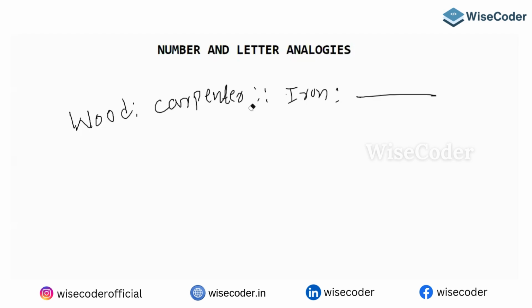Next. USA, president; Germany, dash. In the USA there is presidential rule. In Germany, what is it? You should have some general knowledge also. Let me give the options: chancellor, pope, director, arms.